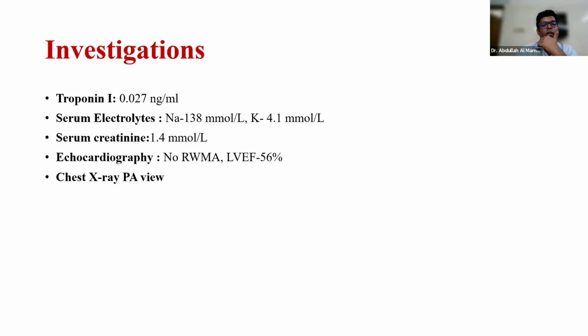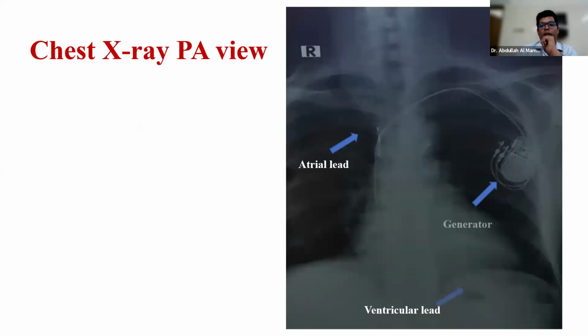To find the cause, we did routine investigations. We explored ischemia and electrolyte imbalance, and they were normal. We also did a routine chest X-ray PA view, which shows the dual chamber pacing system with two wires. The tip of the RV lead is nicely positioned in the ventricular apex.